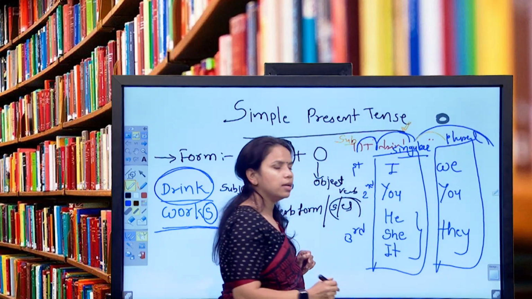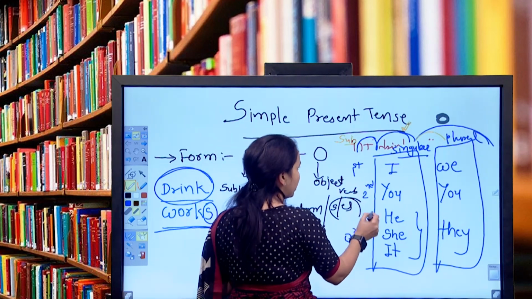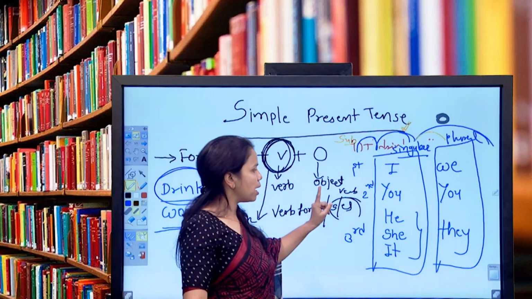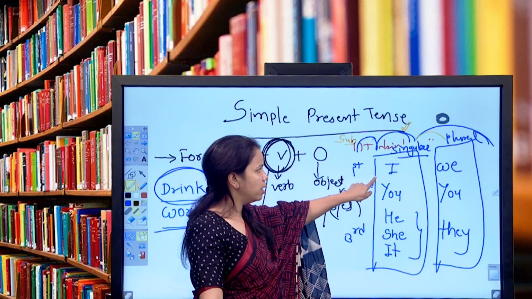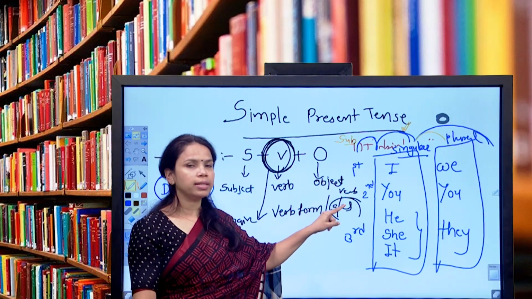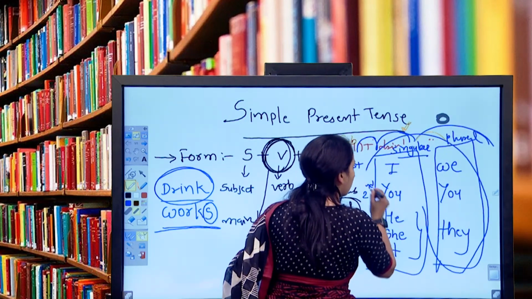Singular means ekvachan, plural means bahuvachan. So whenever in simple present tense the subject is I, we, you or they, there we have to use the main form of the verb.